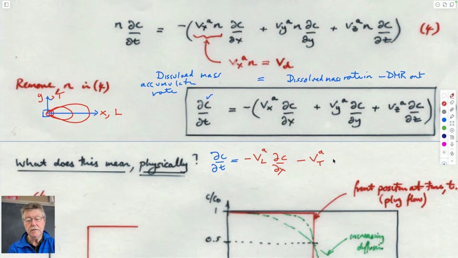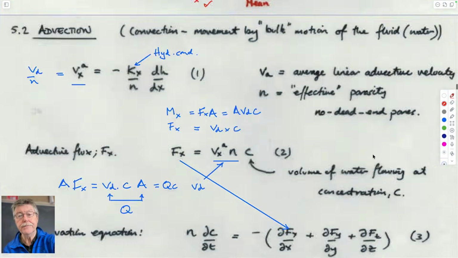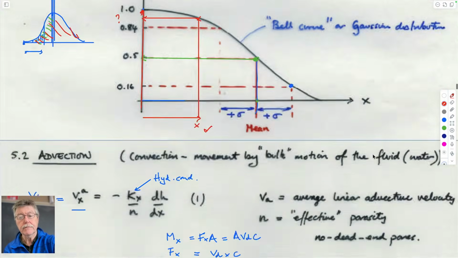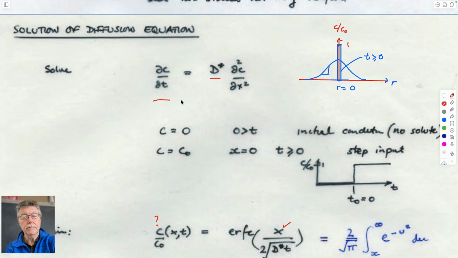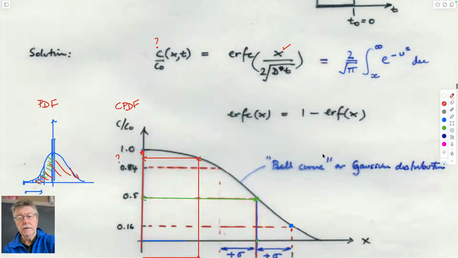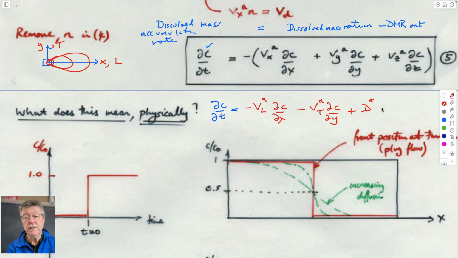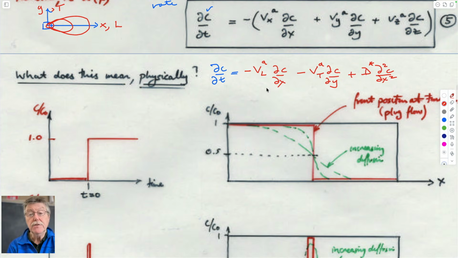It's not an exponent, it's just a concentration in y, plus, we called it D star, I think, right, in the previous one? Where is it? This. Plus D star d2c dx squared. Again, we don't care much about it. But we do care maybe what it's called. So it's called the advection diffusion equation.